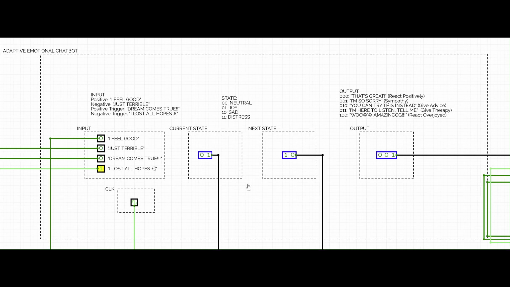So I will take a real life scenario for you to see whether my logic, compared to real life, still makes sense. For example, if you are in the joy state because you have been invited to a party, and then you suddenly receive something that causes a negative trigger.